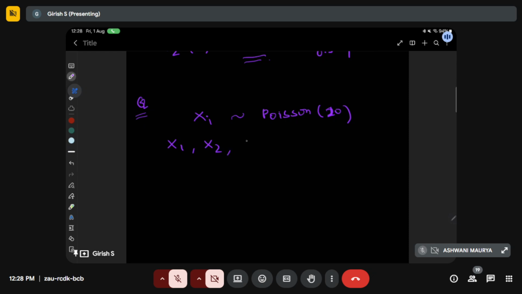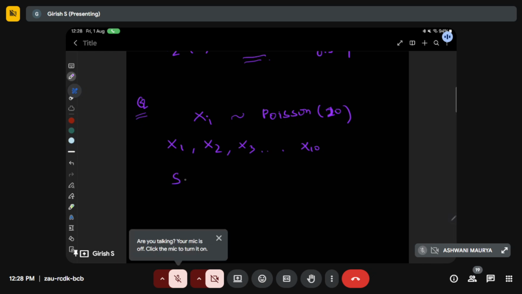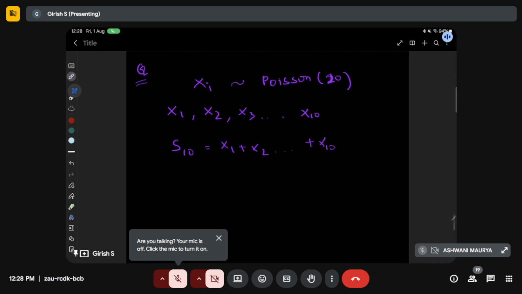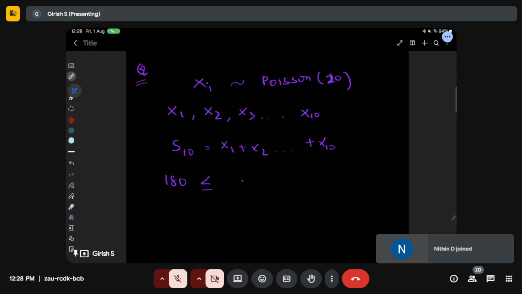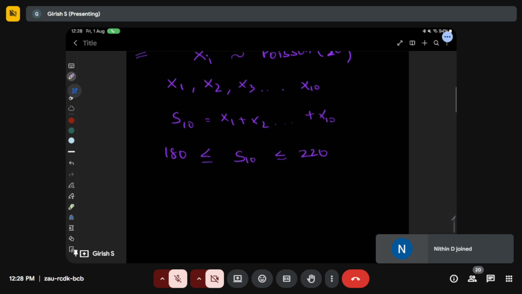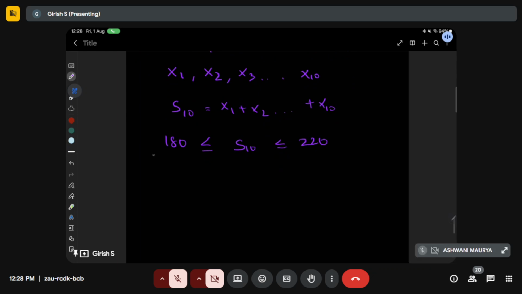What they are asking is to estimate the probability that the total number of orders received in these 10 hours, let me take it as S10 equals X1 plus X2 till X10, is between 180 and 220. Right? Great.